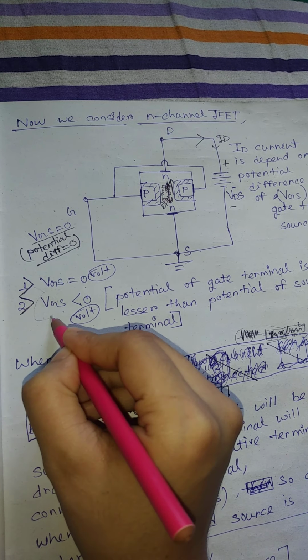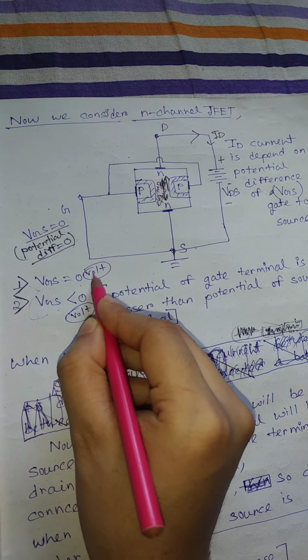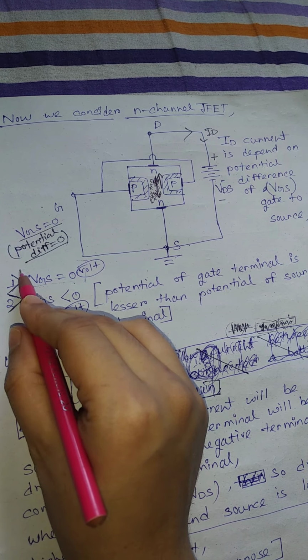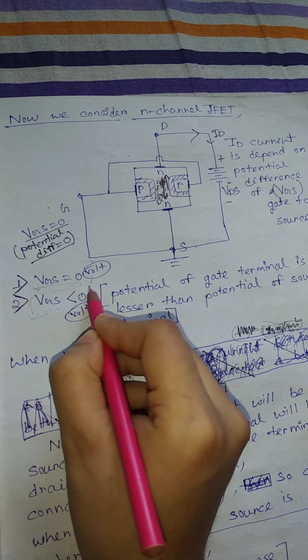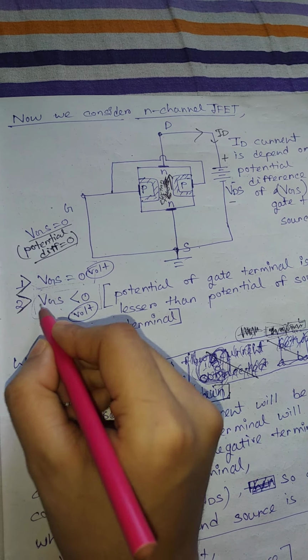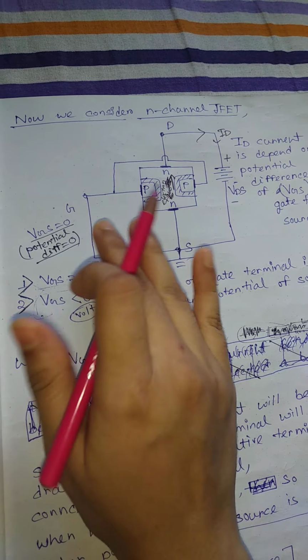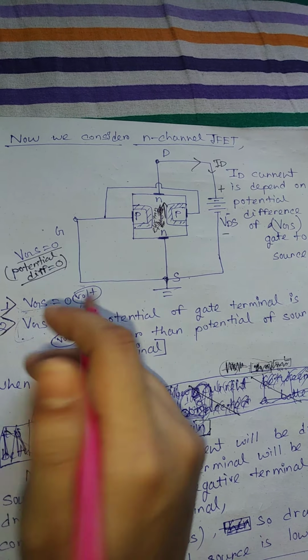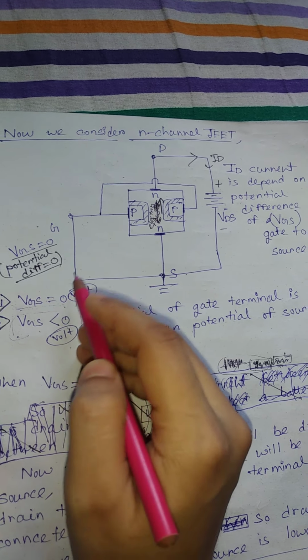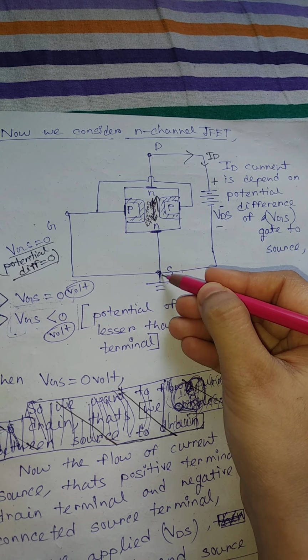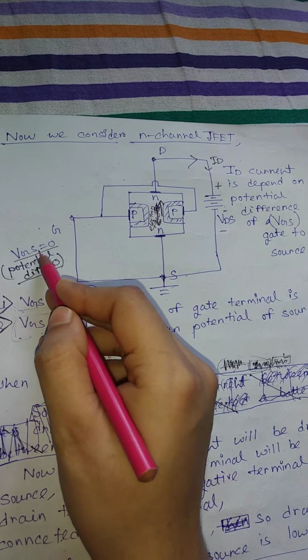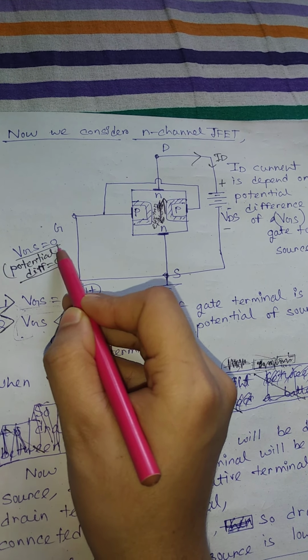In this video I will discuss only the first condition, and in the next video I will discuss the other. So in this condition VGS must be 0. How? I just connect the gate terminal to the source terminal, and then the source will be grounded. If the source is grounded, then the potential difference VGS equals 0.